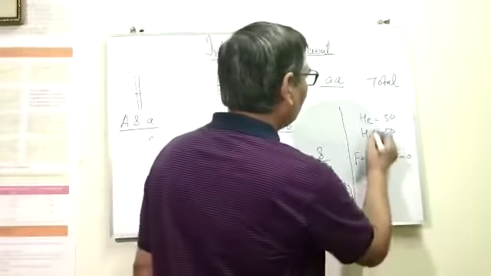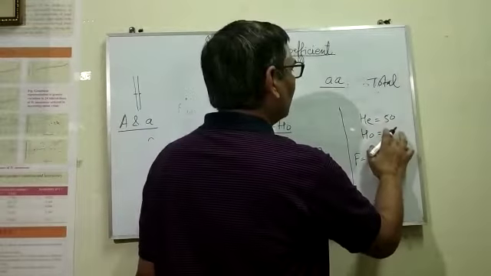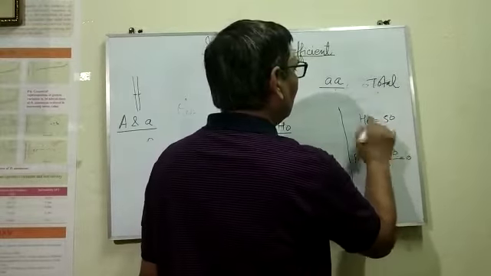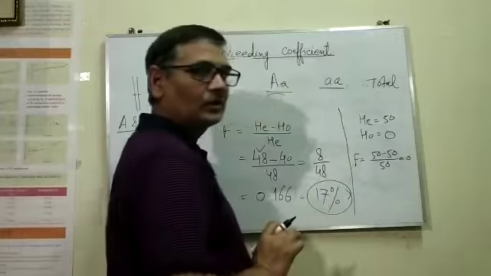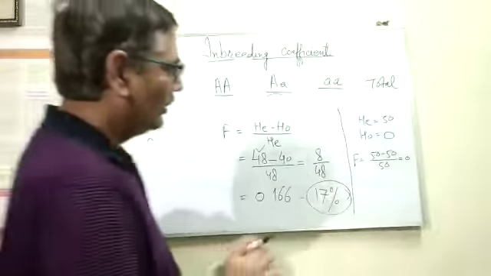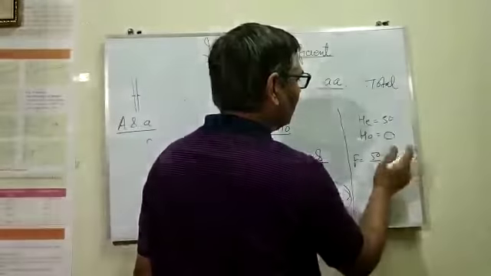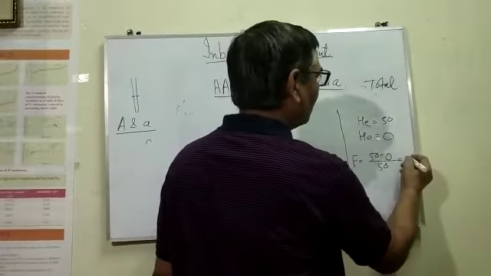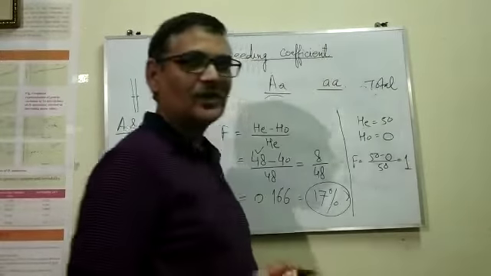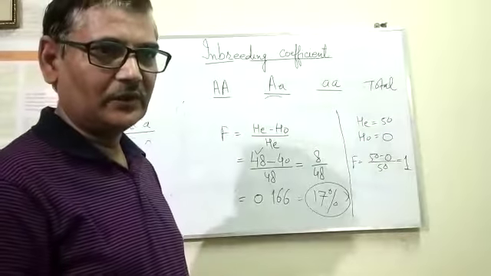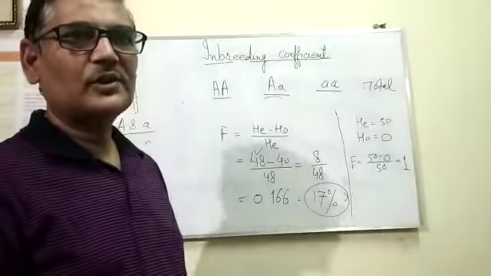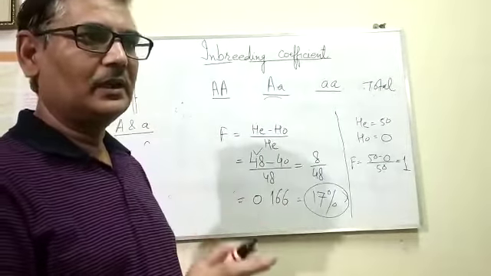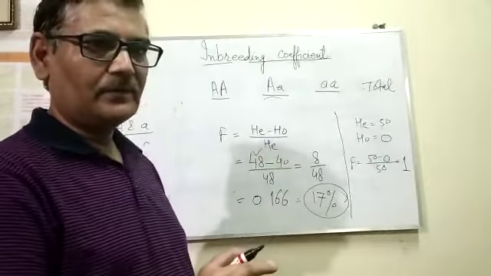But if you are not getting heterozygotes at all in the population, what will be the result? 50 minus 0 divided by 50 will come to 1. So 1 means there is complete inbreeding in the population, because heterozygotes are completely lacking in this population.